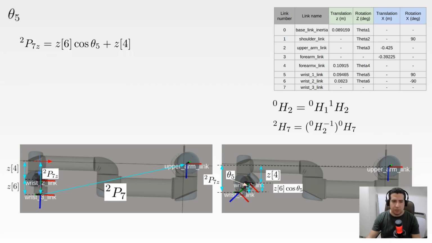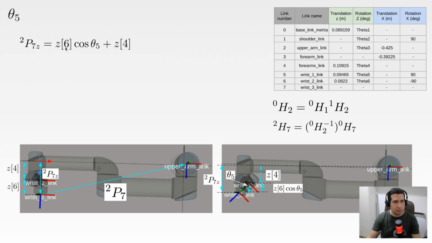So if you want to still find the distance between this line here and the upper arm link, you have to project the z6 into this direction using the cosine.